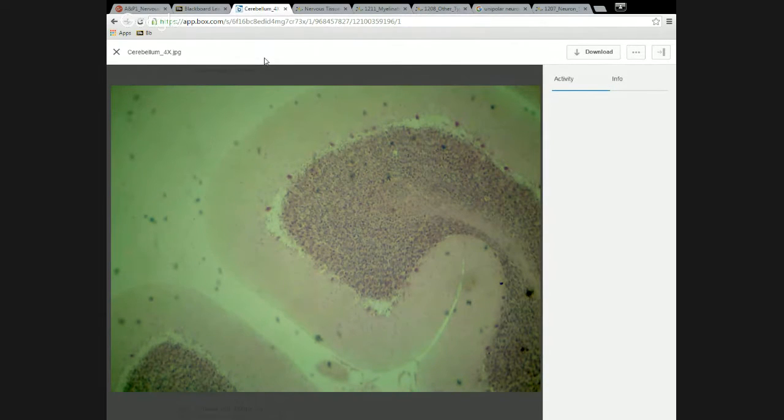Now, the cerebellum is the little brain. When you think of the brain, you probably think of the big wrinkly thing, like the gray matter, white matter picture I showed you before. This big wrinkly thing is the outside part of the brain. This is what we call the cerebrum, which is the Latin word for brain. Okay.